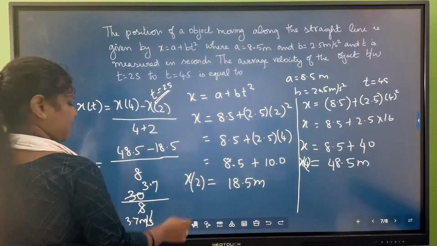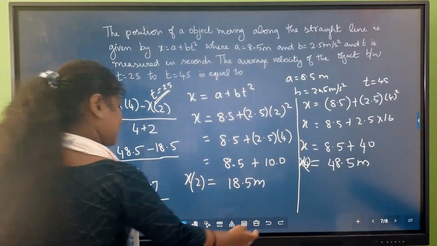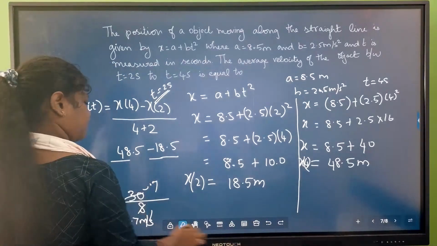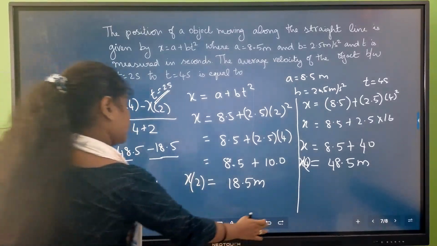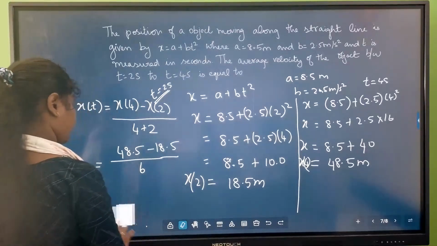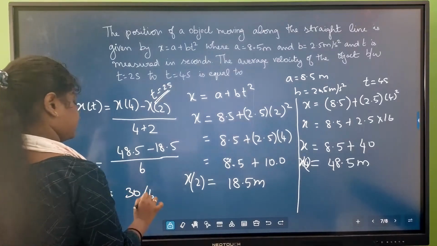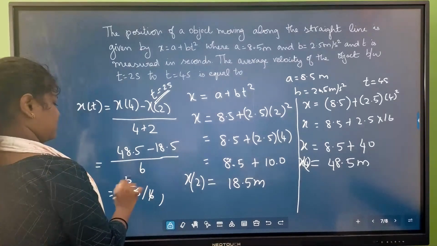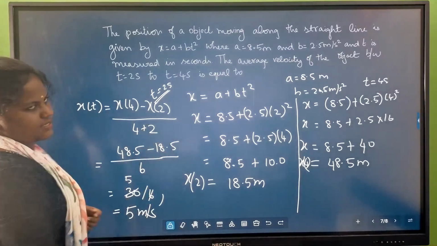It is 30 divided by 6, right? 4 plus 2 is 6, and I have written it as 8. So it will be 6 here. What happens to your final answer? It will be 30 by 6, so it will be 5.